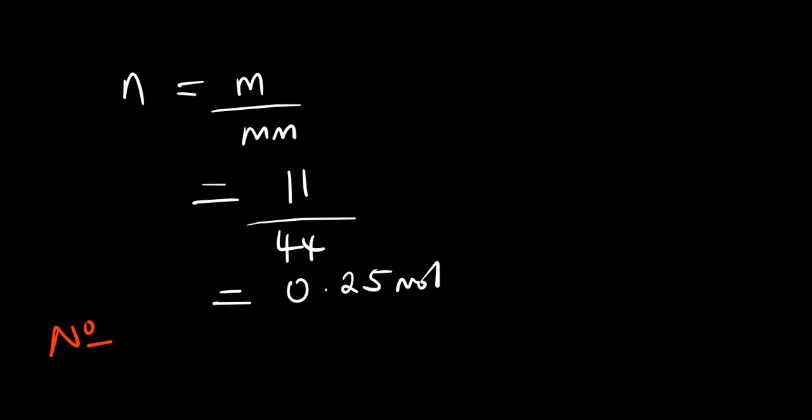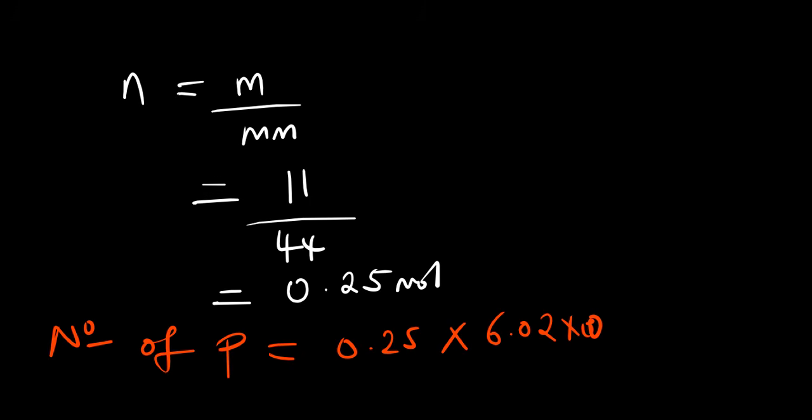Now that we found the number of moles, how do we find the number of molecules or particles? We've been talking about this one. You take the number of moles, 0.25 moles, multiplied by the Avogadro's number, 6.02 times 10 to the power 23. Then you calculate.